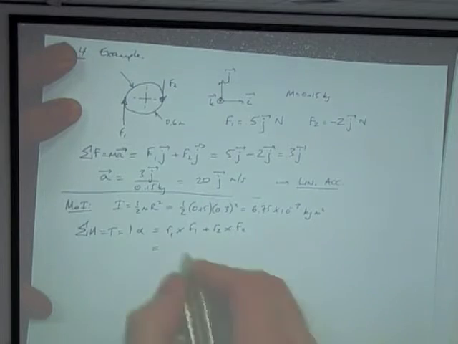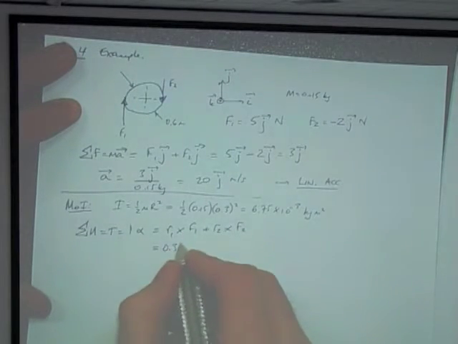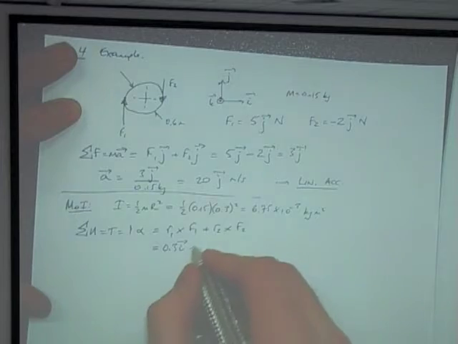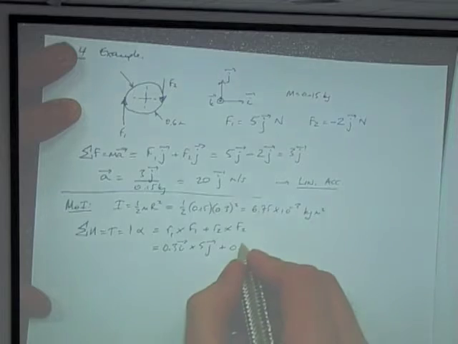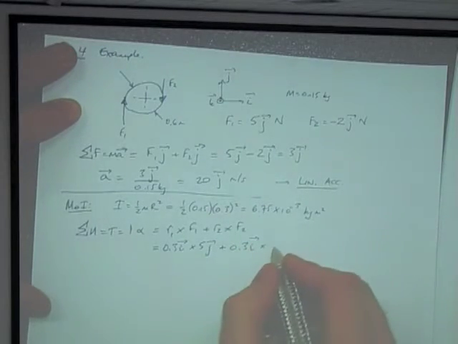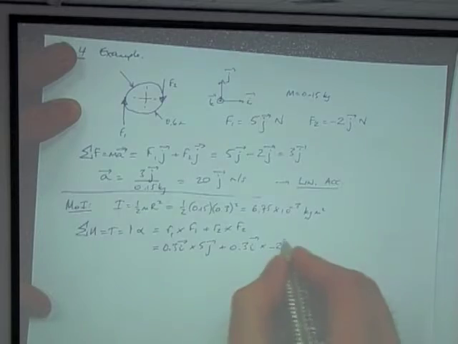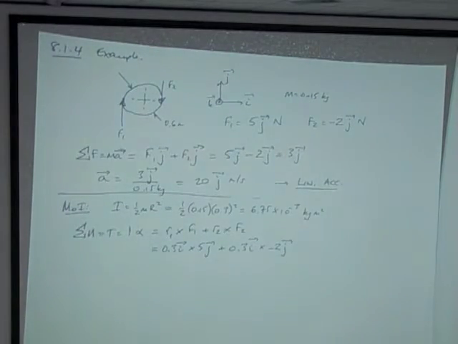R we know is 0.3 times I, that's the distance, cross F1, which we know is 5J. Again, R2 is going to be 0.3 times I cross minus 2J. So this is cross products. What's I cross J in the right-handed coordinate system?